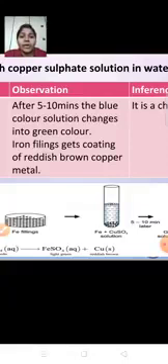Okay, so over here two things are observed. One is the change in the color of the solution, that is blue solution turns into green, and the iron filings get a deposit of reddish brown copper metal.